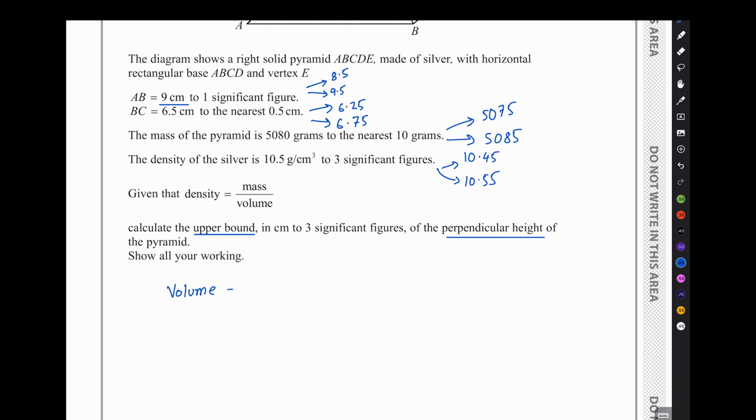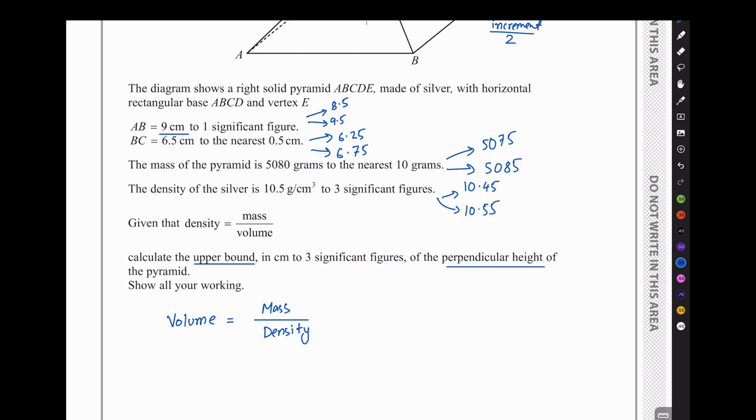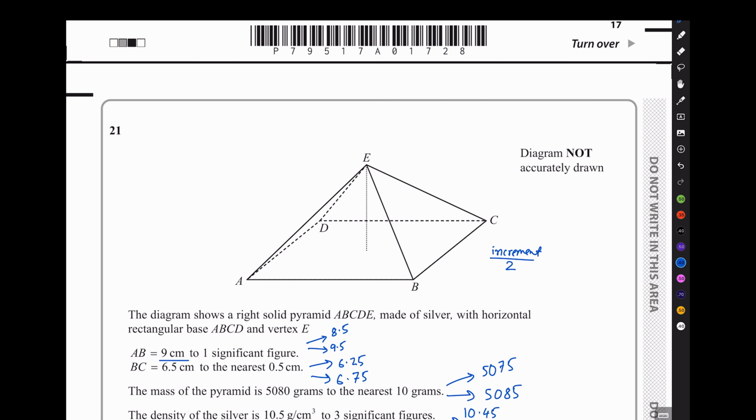Volume is equal to the mass divided by the density. And how do I find the volume of a pyramid? The formula is volume is 1 over 3 times the base area times the perpendicular height. This is the formula for volume.